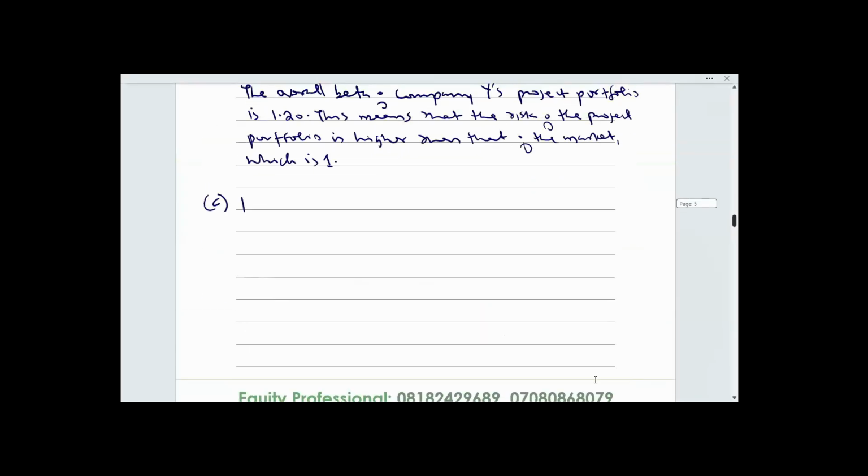Okay. Now, the C part of the question, you have to explain how portfolio diversification reduces risk.